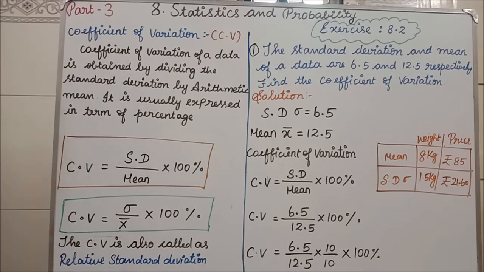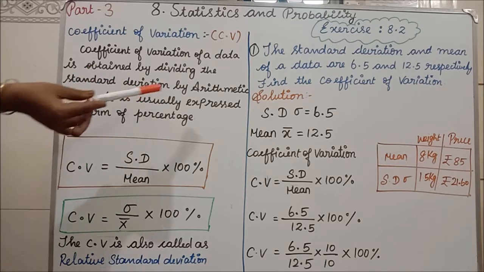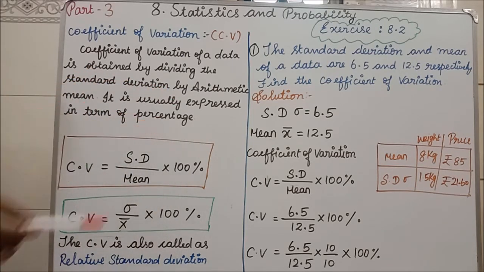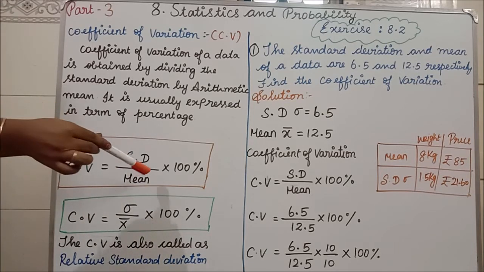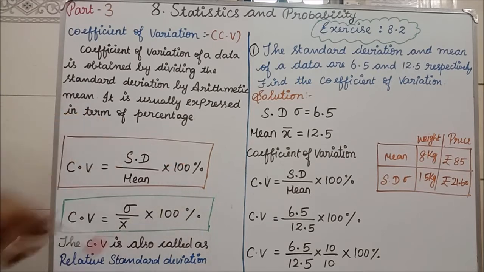Here it is usually expressed in terms of percentage, so I have multiplied by 100 percentage. Because the coefficient of variation answer will always be in percentage.